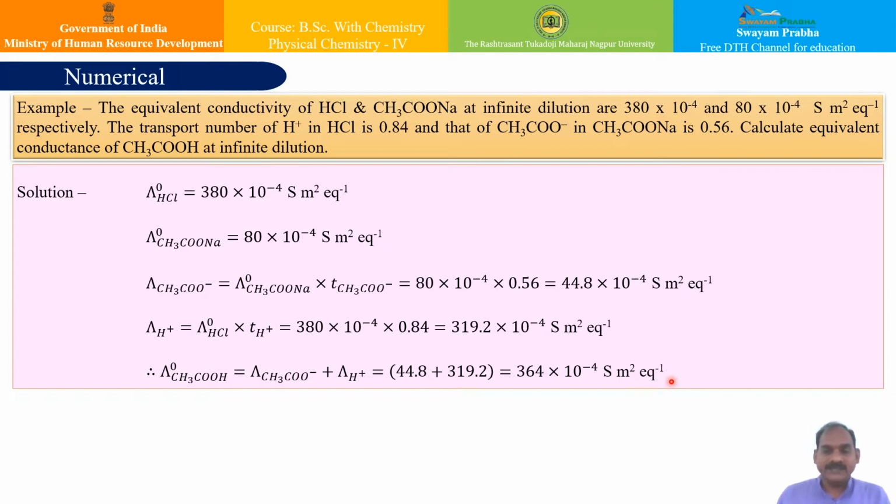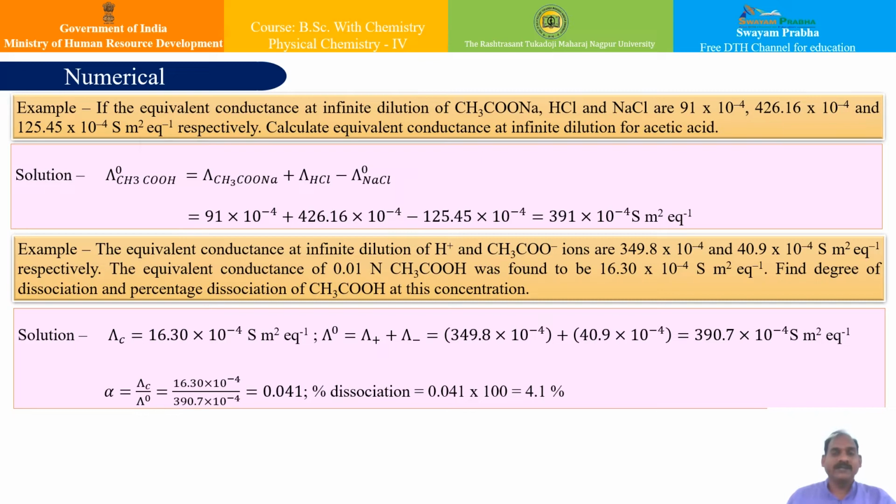Since acetic acid is a weak electrolyte, this is one of the methods using which I can calculate its equivalent conductance at infinite dilution, and this is the method which we have seen in our previous lecture, wherein we used the transport number to calculate the equivalent conductance of a weak electrolyte at infinite dilution.